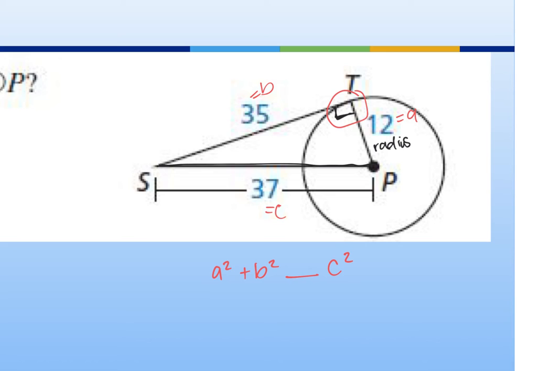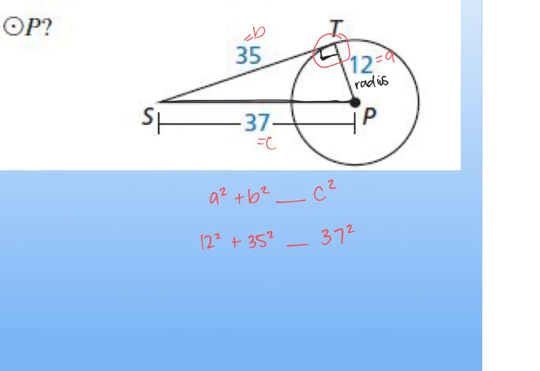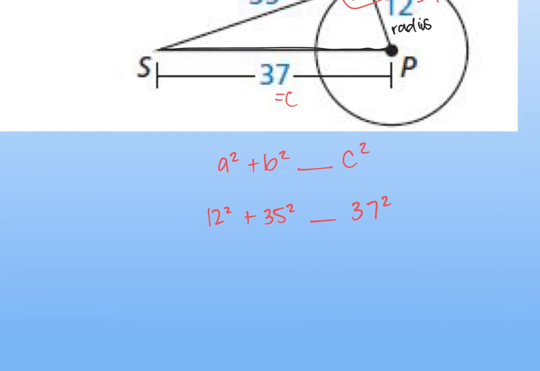Because as long as this is a right triangle, then we know ST is tangent to our circle. So A squared is 12 squared, plus B, which is 35 squared. We're comparing that to C, which is 37 squared. I know it's 12 squared, but I don't know 35 or 37 squared.